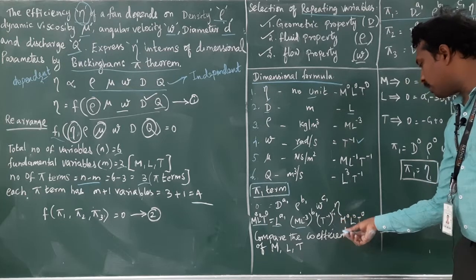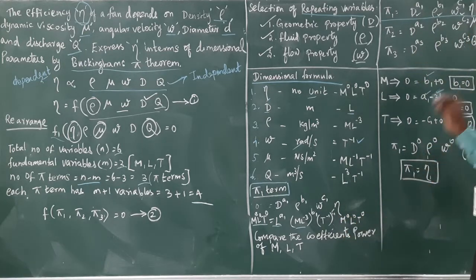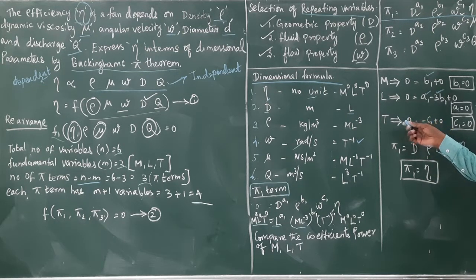There is no L power here, so 0. Substituting the value for b, a1 minus 3 into 0, which is 0, then a1 is also 0.